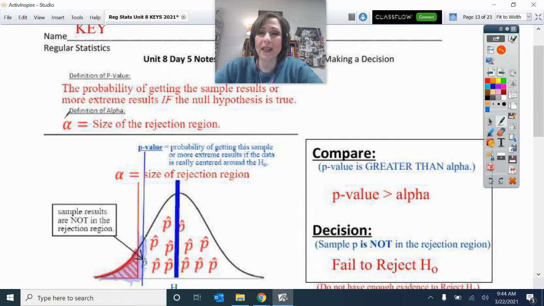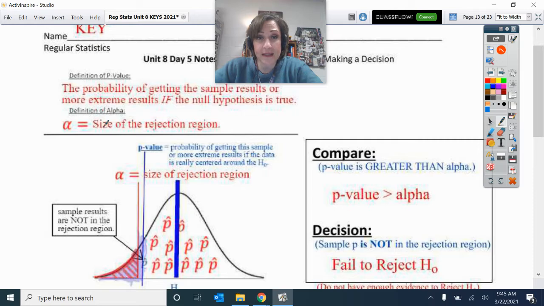And then we discussed this very briefly at the beginning of our p-value lesson, but I didn't bring it up very much more. But now it plays a very important role. So alpha, which is this Greek letter alpha here, lowercase alpha, it represents the size of the rejection region.